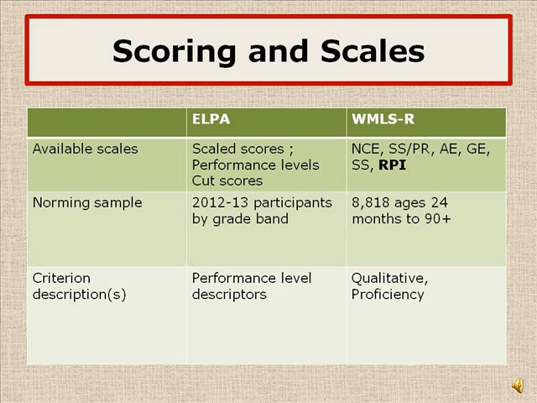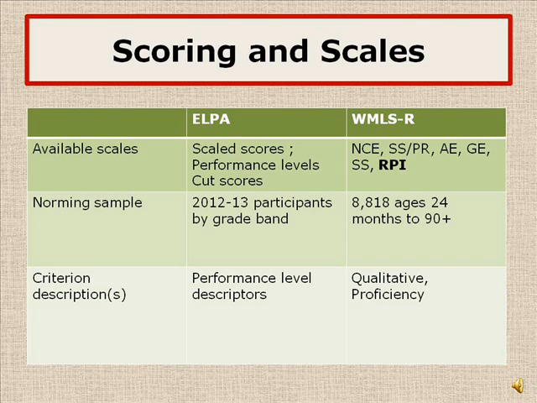Moving down to the criterion description column here, the ELPA has 5 performance level descriptors. And they define what students must do to demonstrate progress as measured by the ELPA. The levels were developed from the English Language Proficiency standards adopted by the state of Oregon. And the WMLS-R, or Woodcock-Munoz, has 4 levels of interpretive information available: qualitative, level of development, proficiency, and relative standing in a group.